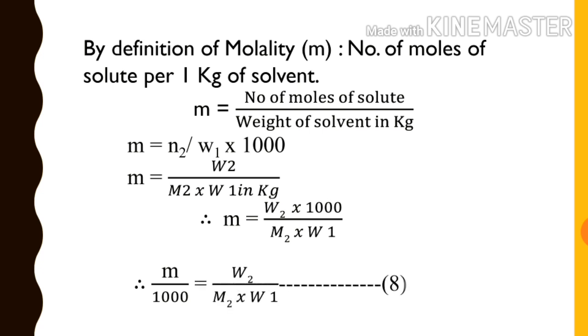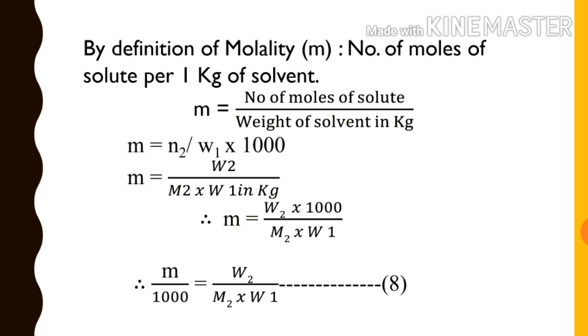Rearranging the equation, 1000 comes to the left hand side, we get m divided by 1000 is equal to W2 upon M2 into W1. This is our equation number 8.